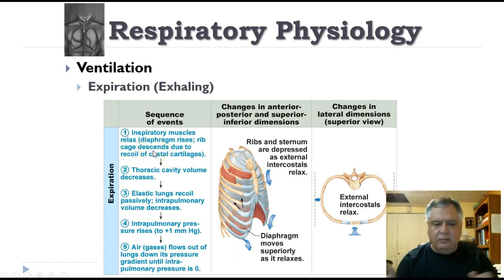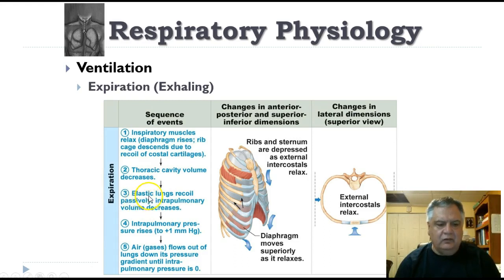It descends passively as it moves back to its original position, and that's due to the recoil of the costal cartilages. So what's going to happen? Well, as the diaphragm domes back up and the rib cage comes in, the thoracic cavity volume is going to get smaller. It's going to decrease.